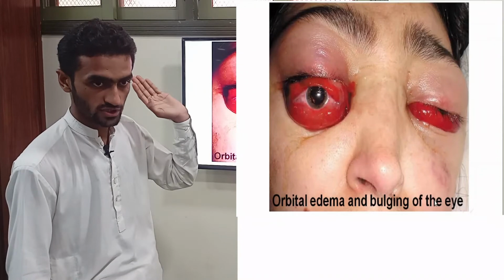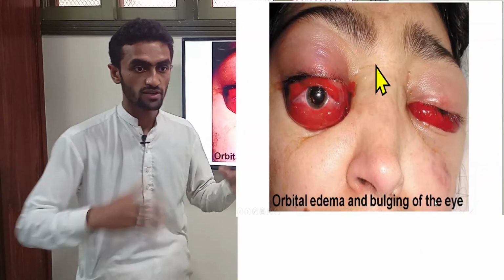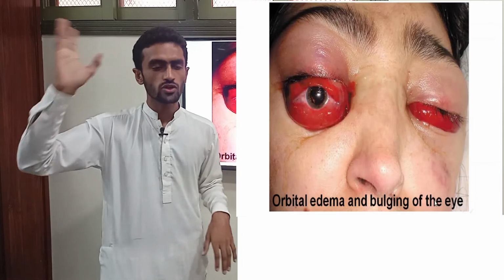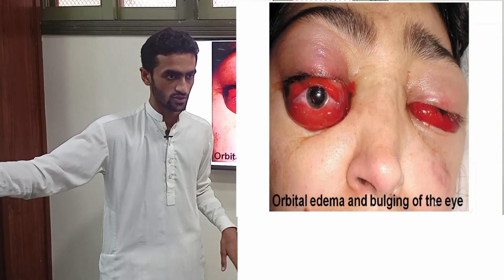This is thrombosis, where blood comes by the facial vein and the ophthalmic veins, superior and inferior. So your orbital veins may also drain into the cavernous sinus.